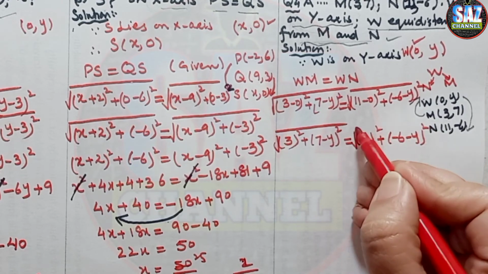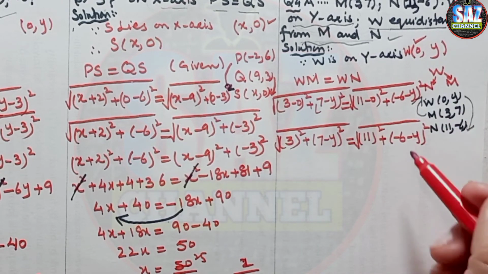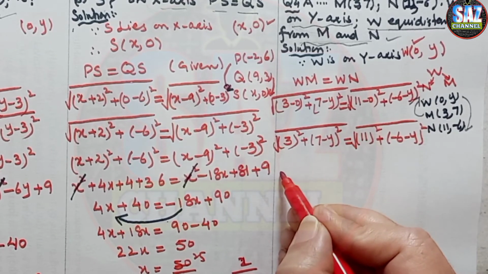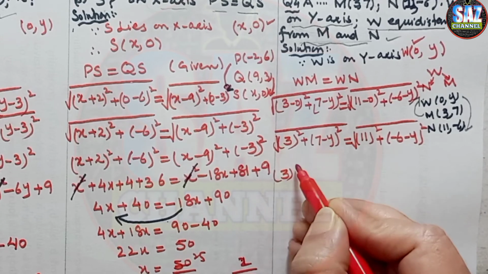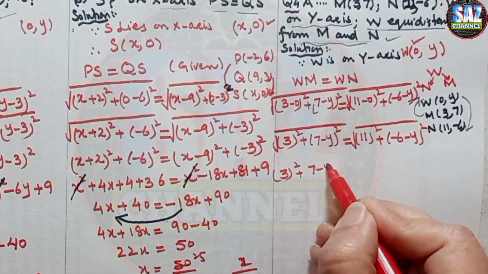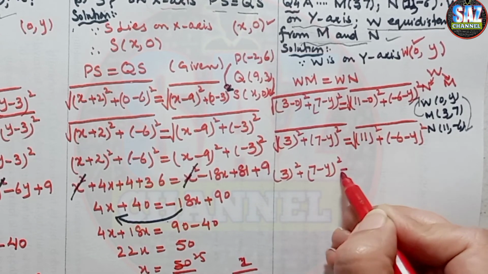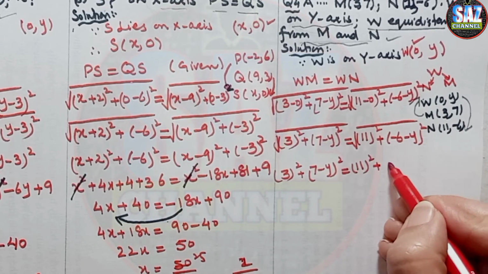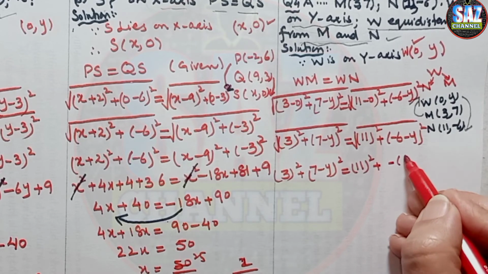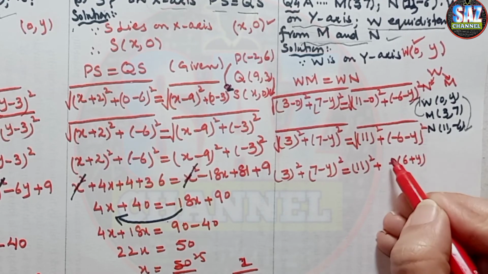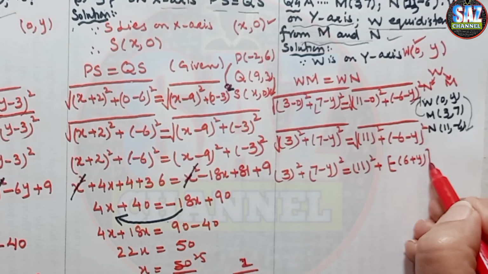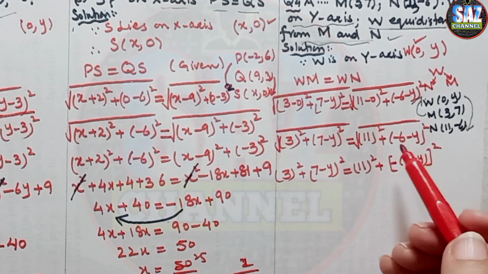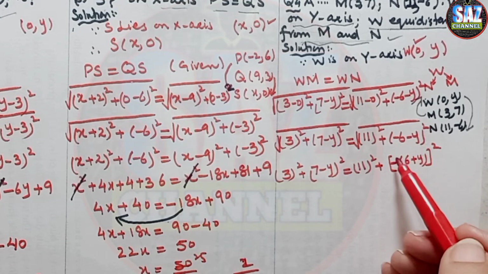Again recall, the letter that we want to find is under the square root symbol, so we have to take square on both sides, and that will give me 3 square plus (7 minus y) whole square equals 11 square plus, let me take the minus sign outside, (6 plus y) whole square. Learn to make your calculation easy: because both the terms have a minus sign, it's better to pull out that minus sign.